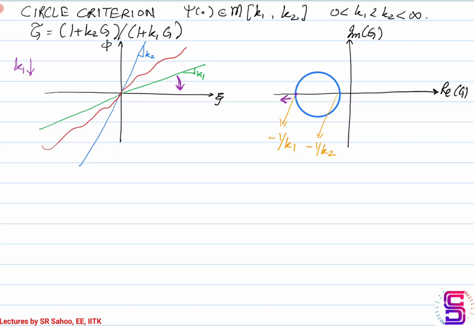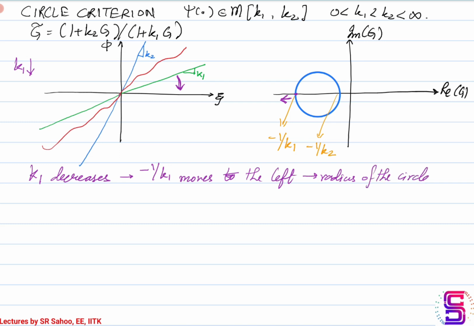So this is indicating that the radius of the circle is increasing. So k1 decreases, minus 1 by k1 moves to the left, the radius of the circle increases, which means that the forbidden zone increases.